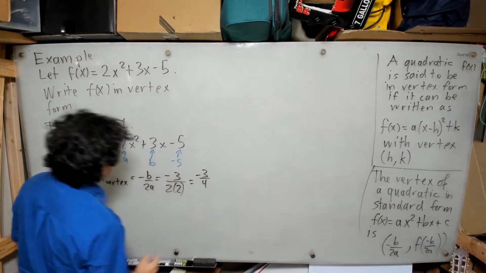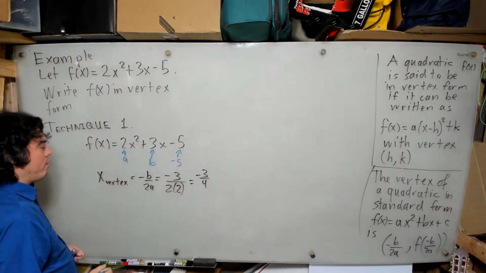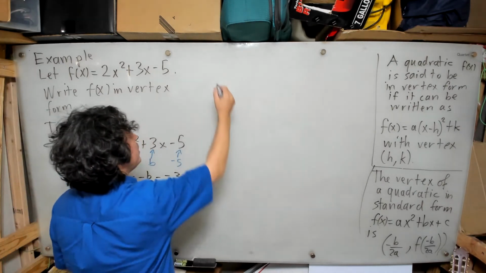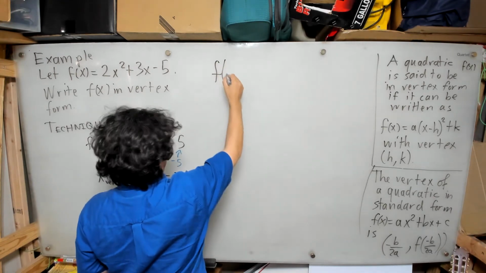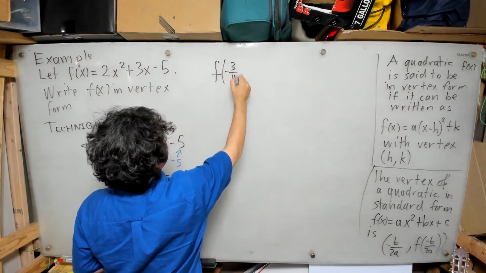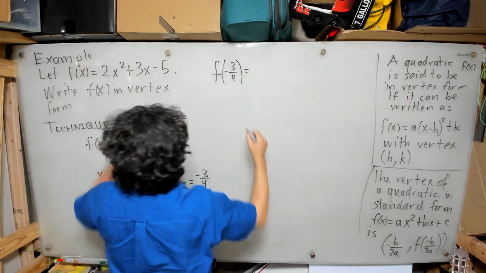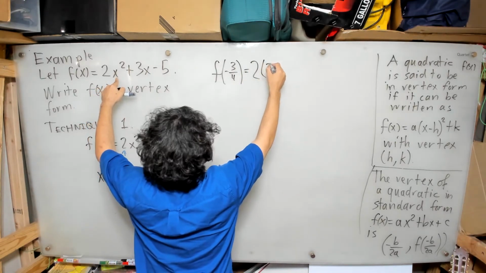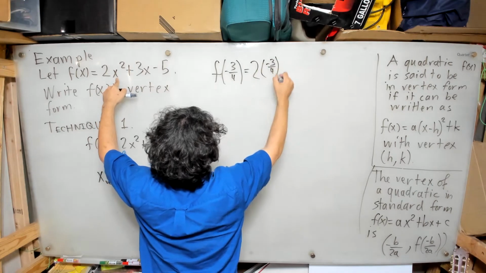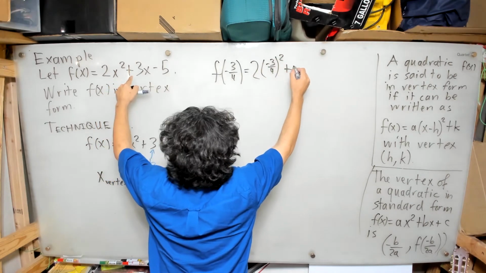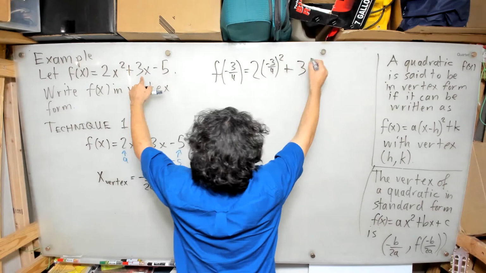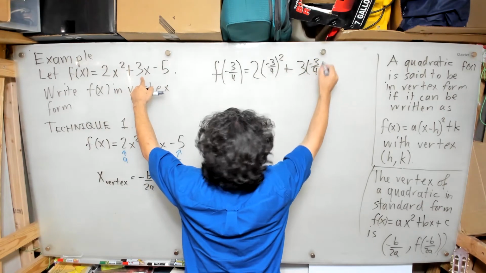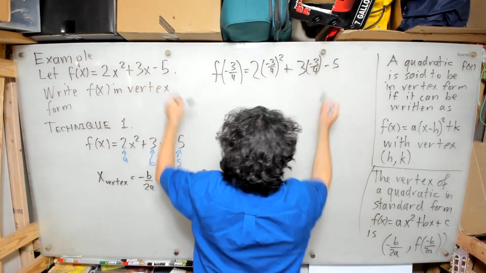Now I'm going to calculate my y vertex by evaluating my function at negative 3/4. I plug it in here: 2 times negative 3/4 squared plus 3 times negative 3/4 minus 5.